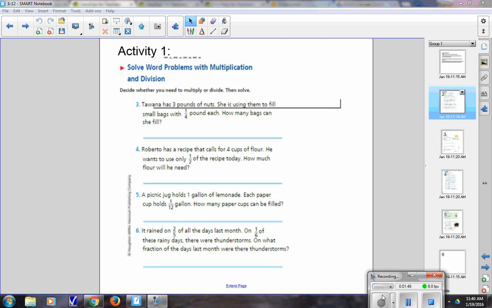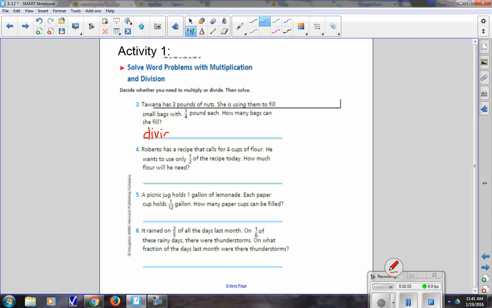Listening to that vocabulary, is that going to be multiplication or division? You said divide. You are correct. Ultimately, you're dividing. What you're dividing is 3 divided by 1/4 equals 12, or 12 bags.